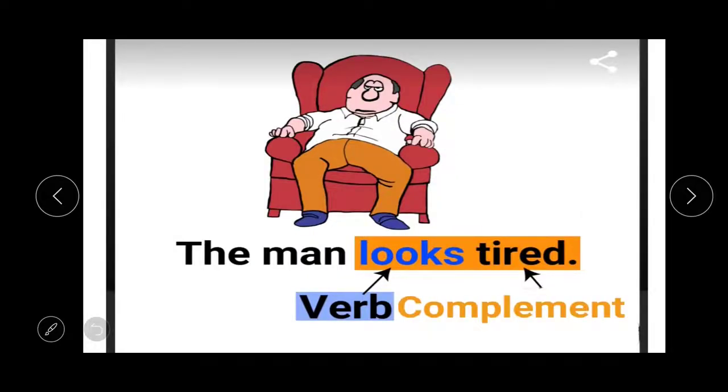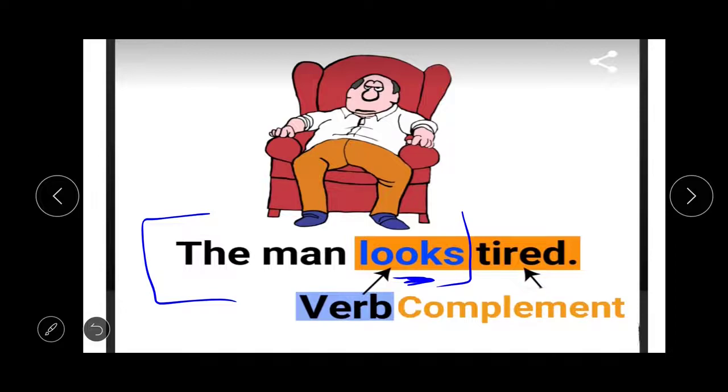But again, students, look at this sentence once again: "The man looks tired." Here the verb "looks," earlier in this sentence, was incomplete. It is the verb of incomplete predication, and after putting the word "tired," it has become complete.